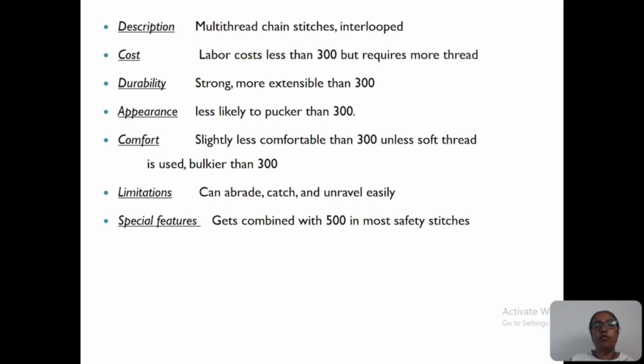Comfort: slightly less comfortable than 300, and less soft thread is used. It is bulkier than 300 because it is multi-thread, whereas 300 uses only two threads, the upper and the lower thread. Limitation: it can braid, catch, and unravel easily. A special feature of this 400 is that it gets combined with 500 in most safety stitches.